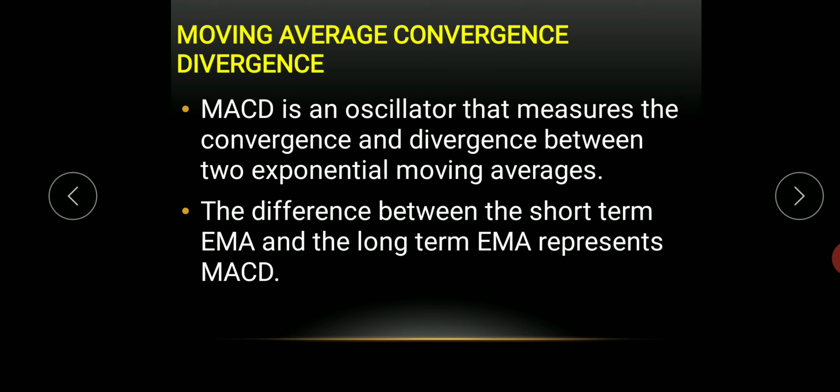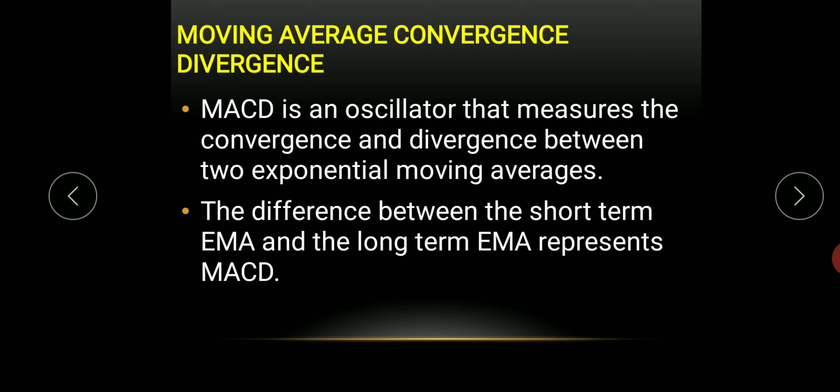The third measure of an oscillator is moving average convergence divergence. We have already discussed the two measures, ROC and RSI. I have given you an example too, so read and study that well.